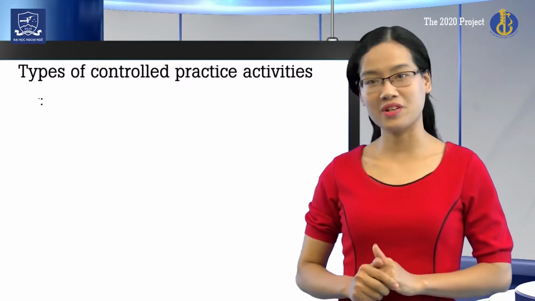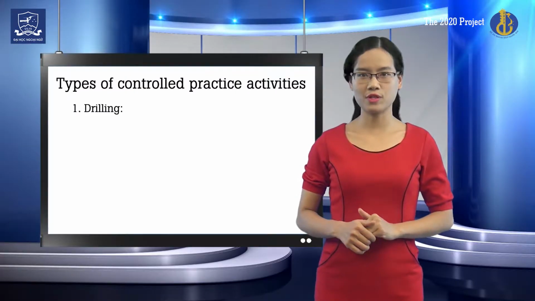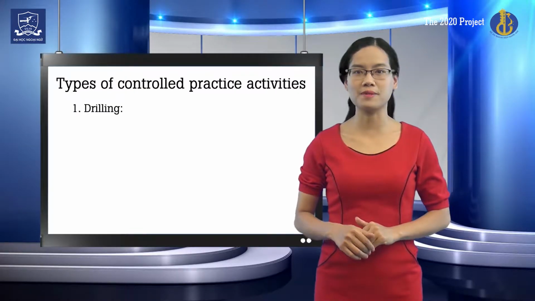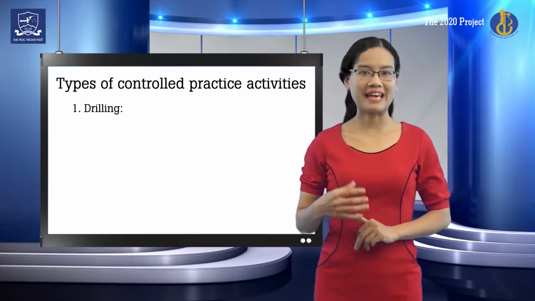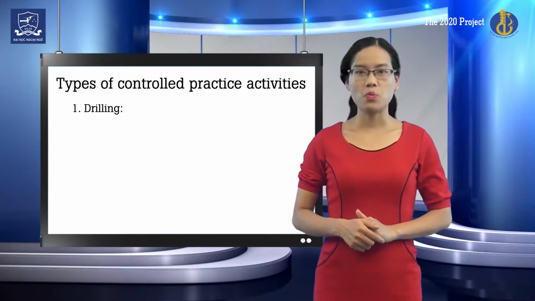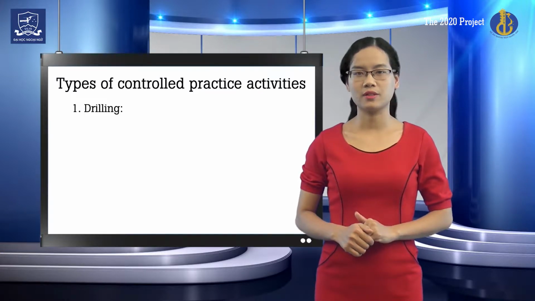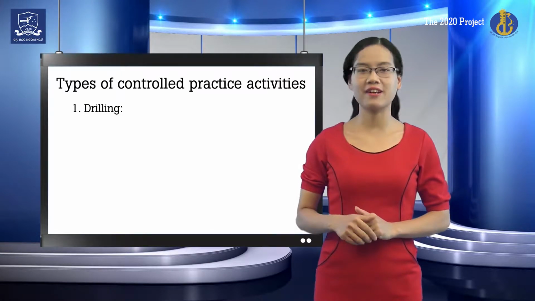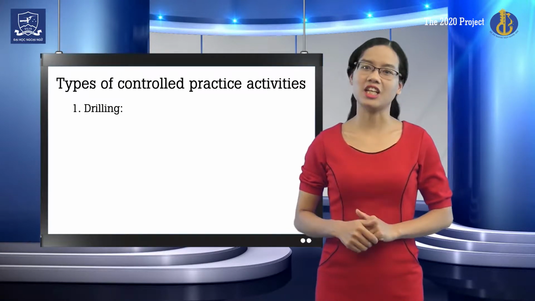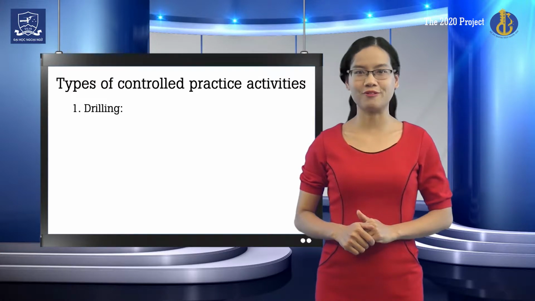Number 1. Drilling. Drilling refers to oral repetition of specific target language. Drilling can be mechanical, that means without much context, or meaningful, that means within a specific context. Ideally, the drilling should be meaningful, of course.